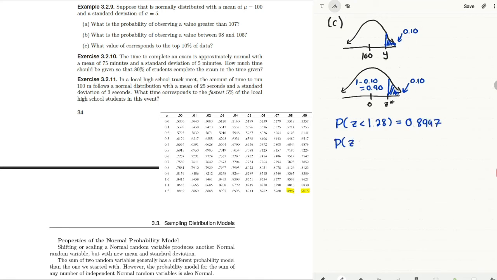The area to the left of 1.29 is 0.9015. So notice that 0.9 is closer to 0.8997 than it is to 0.9015. So for this case, we will pick the closer z-score instead of averaging the two z-scores. And so this tells us that z star is 1.28.